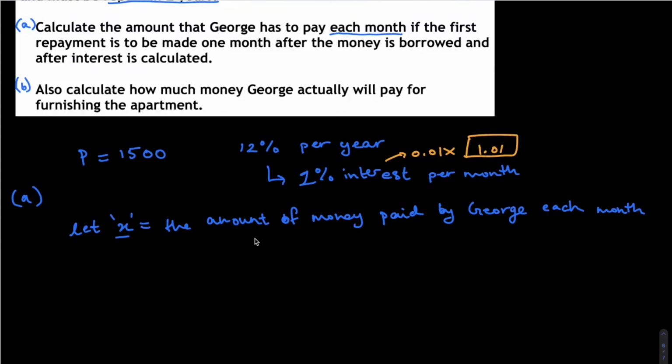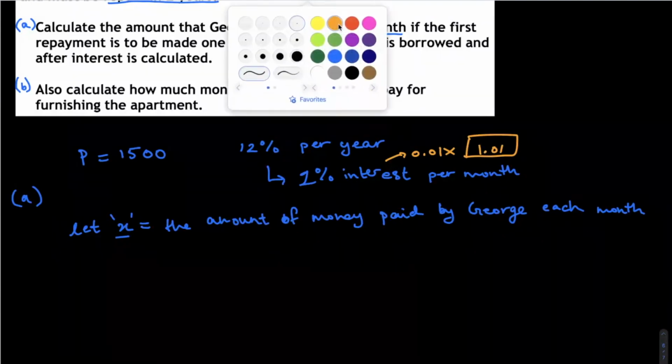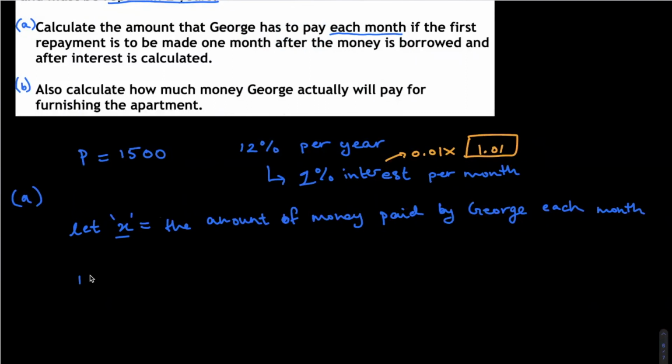Okay, so what happens here is we have 1500 times 1.01. Okay, you know what? I'll do this in blue, and then I'll change it again, and I'll use orange for some other time. So what I'm gonna write here is 1500 times 1.01 minus x, right?